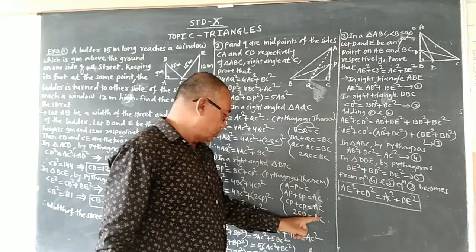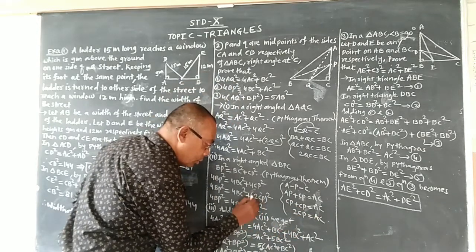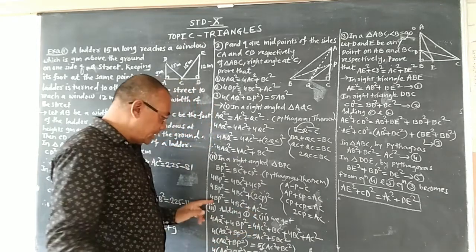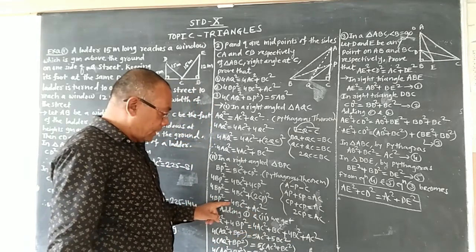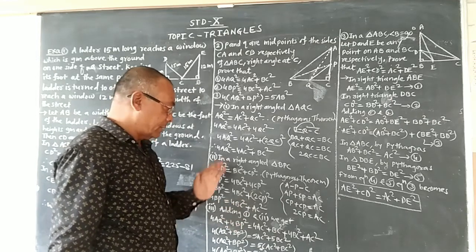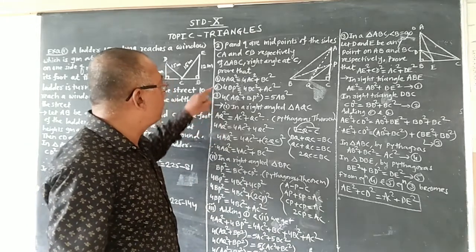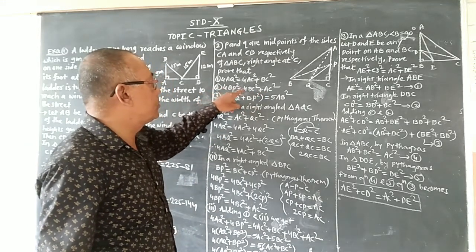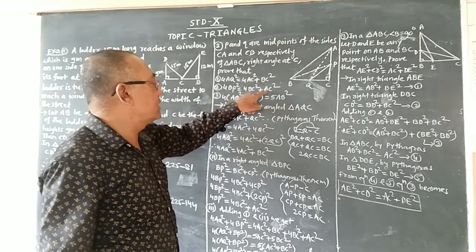So 2CP is equal to AC. Here we will remove 2CP and put there AC. So we will get here 4BP square is equal to 4BC square plus AC square. In this way, we have proved the second question, that is 4BP square is equal to 4BC square plus AC square.